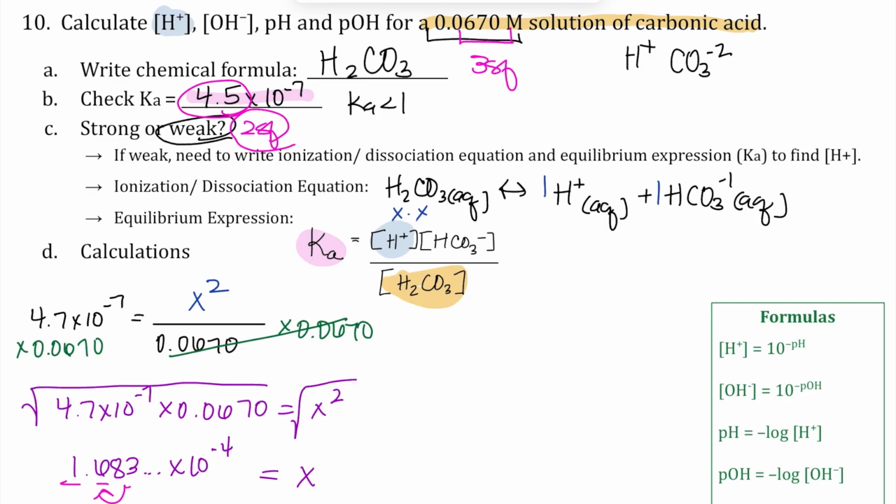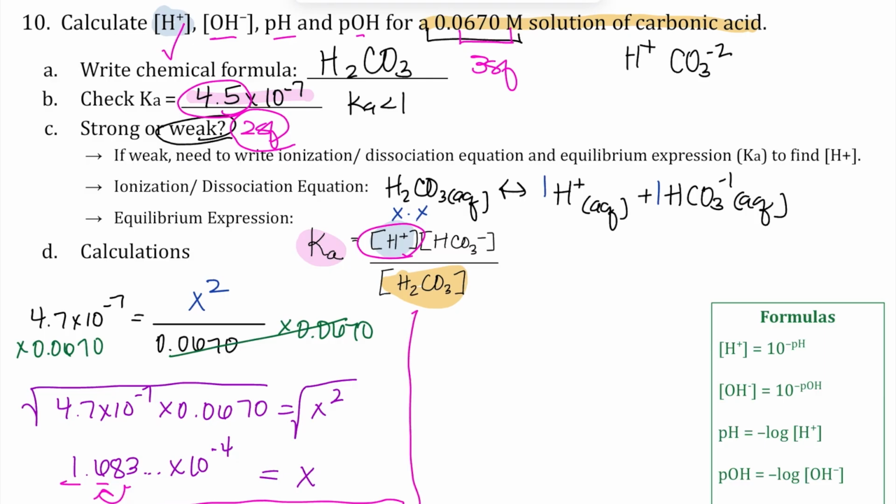So I'm going to have 1.7, 2 sig figs, times 10 to the negative 4. That's my X value, but X represents that H plus concentration. And so now I have that information that I can use to find my 3 next pieces.